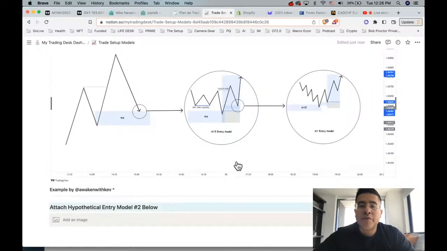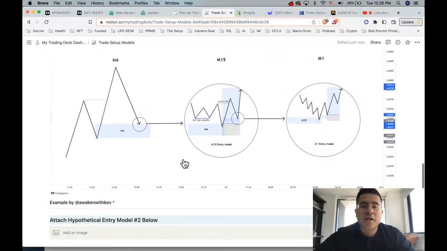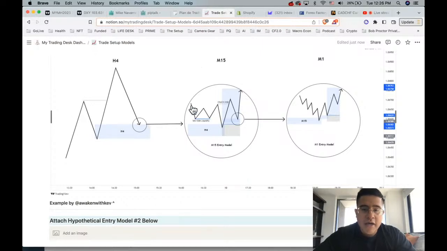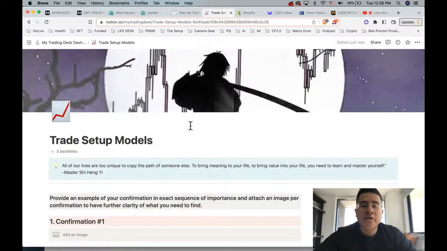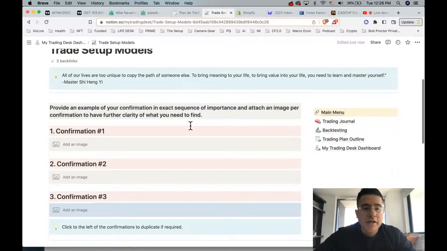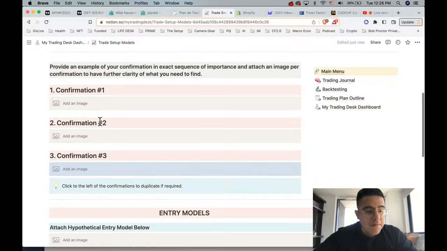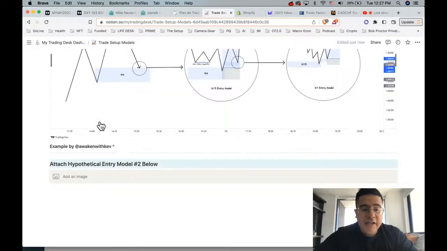Just understand completely what it is that you're looking for. So you can see in this circle, he has this setup, and then in this circle, he has a 1-minute time frame entry that he's looking for. So that's what you have, and this is just one way so that you know exactly what you're looking for. Now, this is for one setup. If you have a different type of setup, then you can do it again, right?